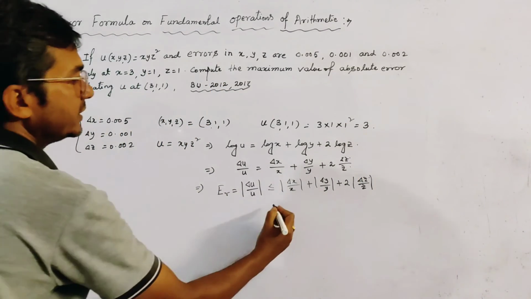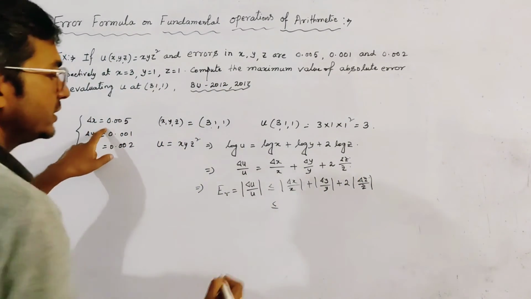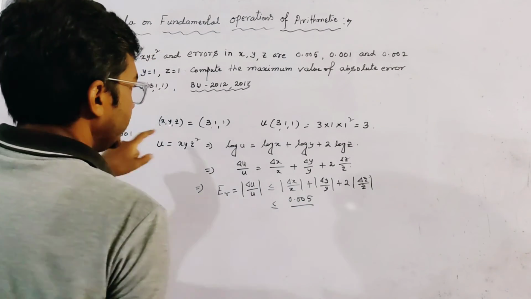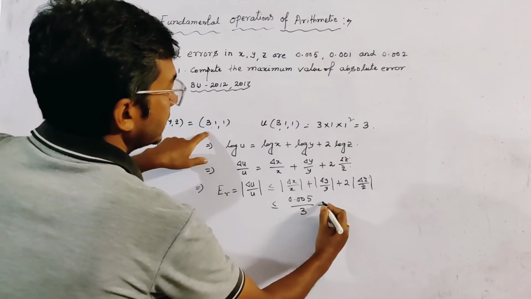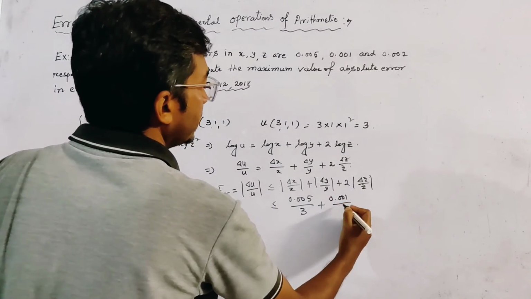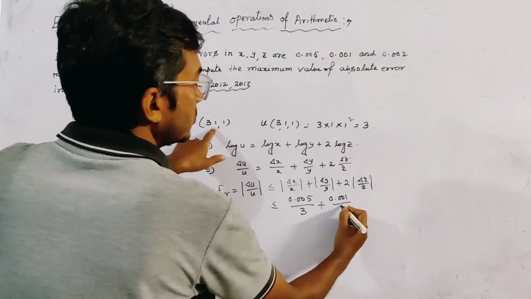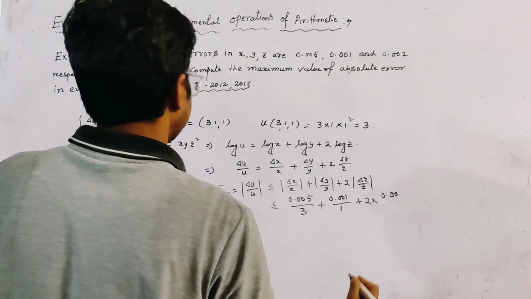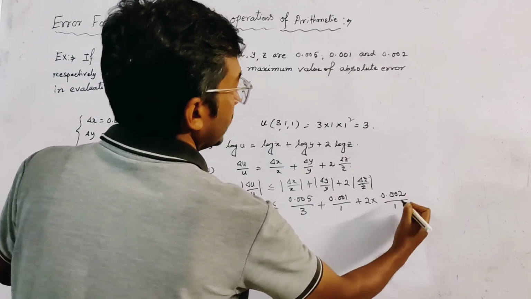This is given by 0.005 by 3, plus 0.001 by 1, plus 2 into 0.002 by 1.